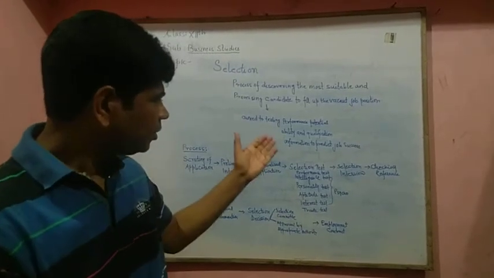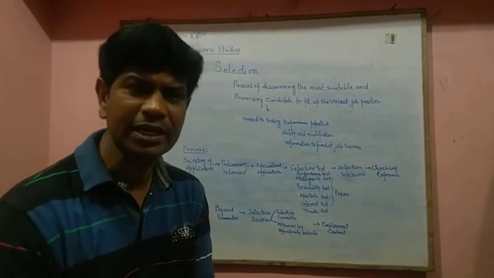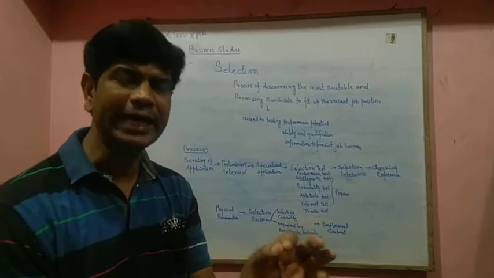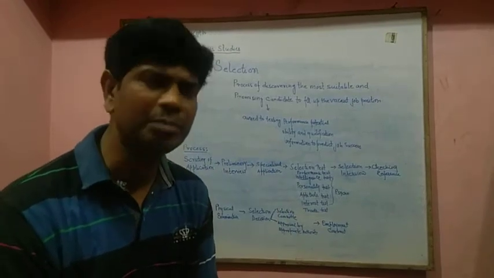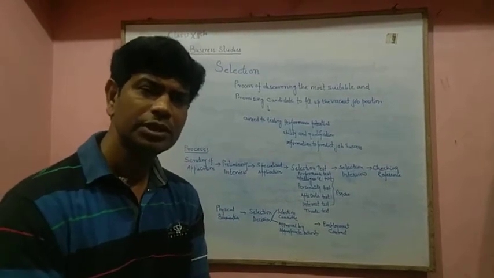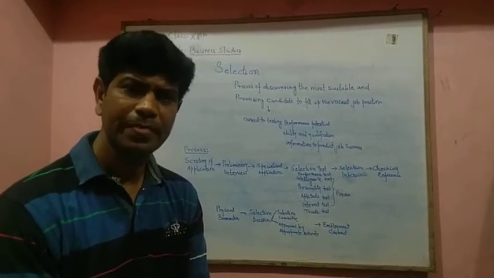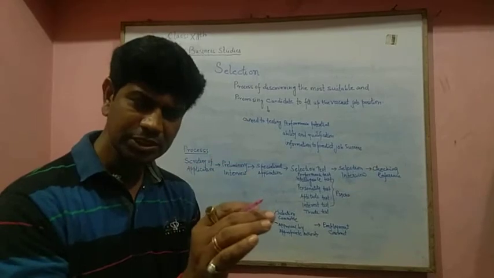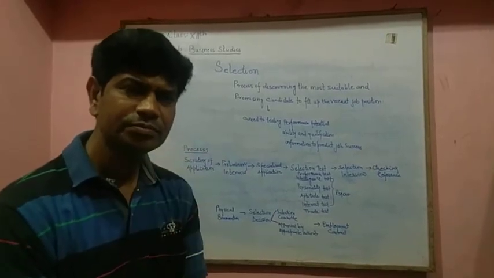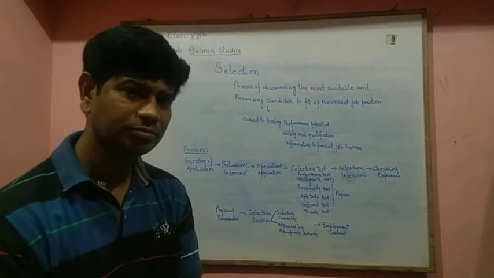Then secondly, we have to satisfy the ability and qualification as claimed by him, on the basis of which his selection is to be confirmed. So whether he possesses those abilities and qualifications has to be assessed.